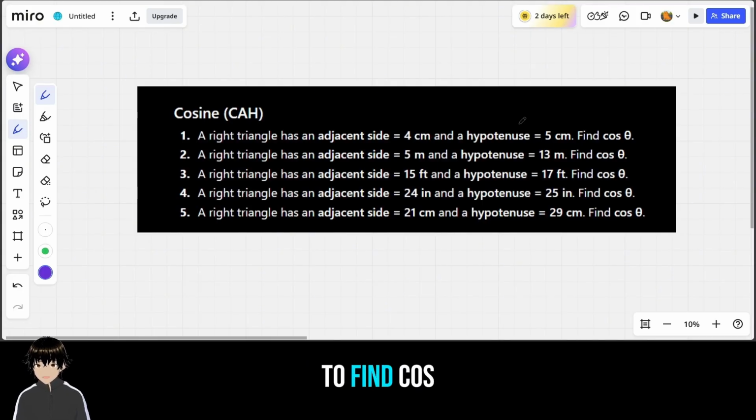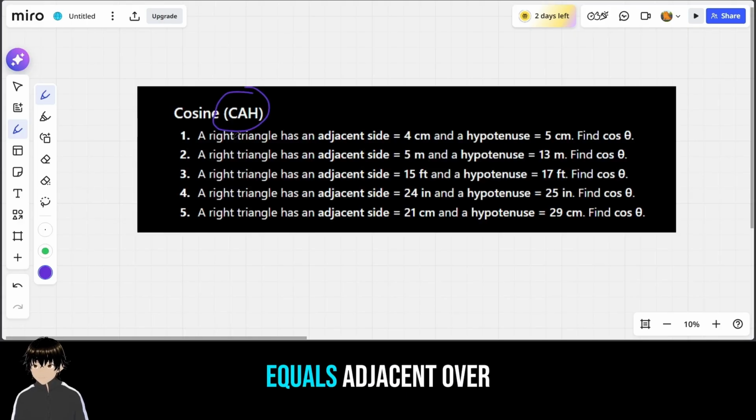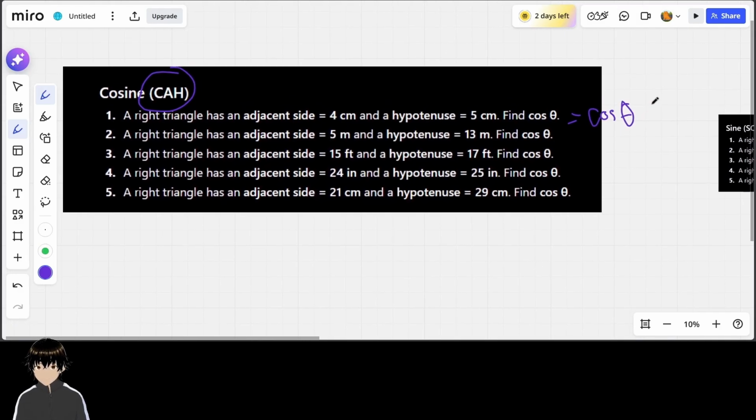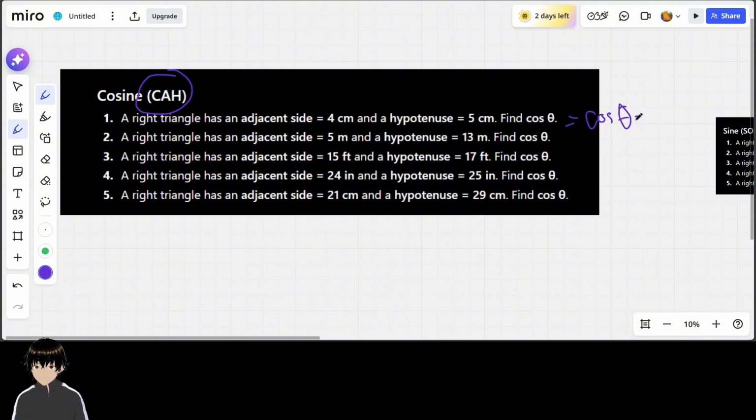Now we're trying to find cosine theta. So you have to use CAH. That's cosine equals adjacent over hypotenuse. So the answer is going to be 4 over 5.